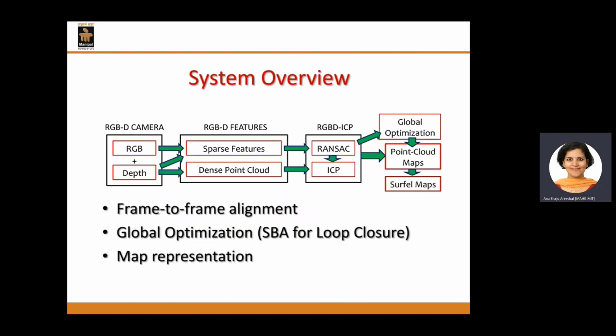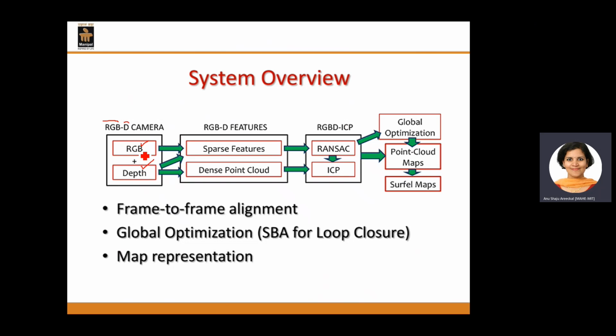Now, this is a system overview of the Kinect sensor, or using the Kinect camera. Okay, so here, it's called RGB-D because it has got both color images as well as the depth information, right? So there's an RGB camera from which a color image as well as a range depth image is taken.